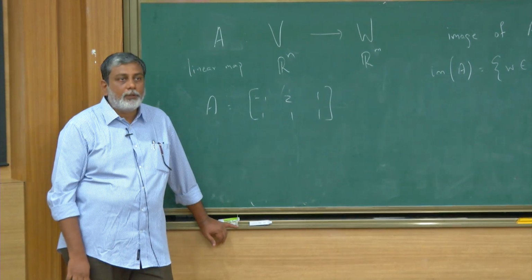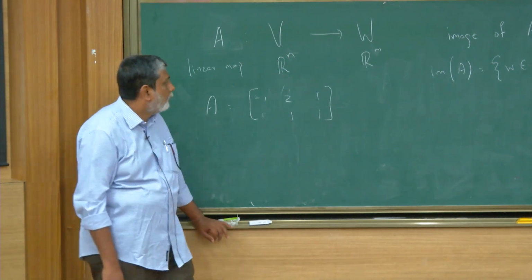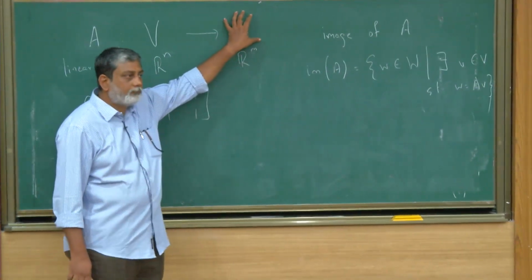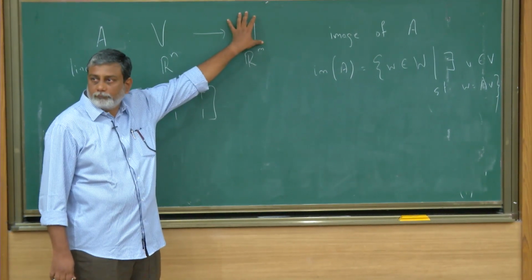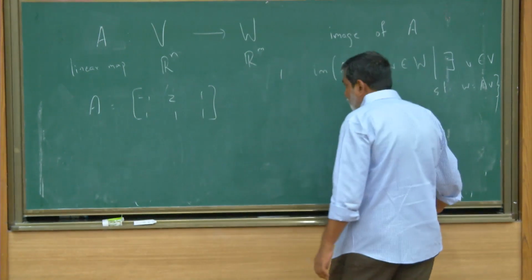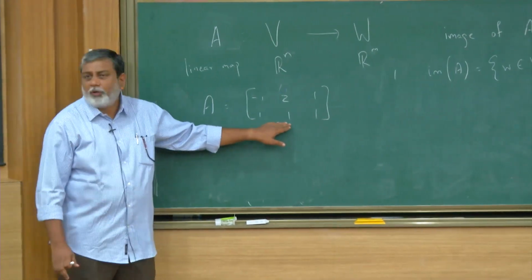Is that definition clear enough? So the image of A consists of vectors here in W. This is the first of the subspaces that I'm talking about. So for this particular example, what is the image of A?